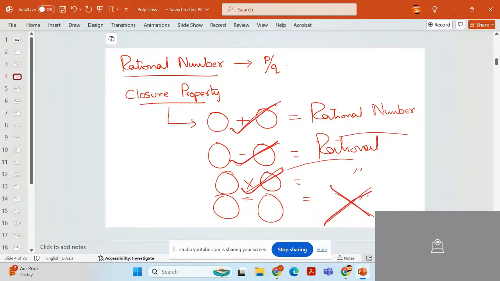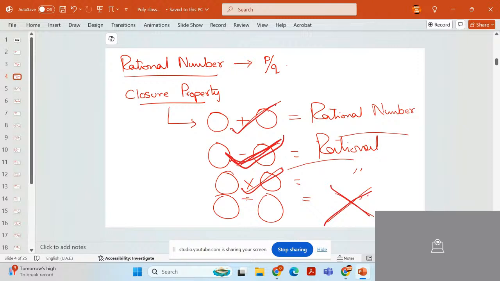And the difference of two rational numbers is always, difference means what? Subtraction. So when you subtract two rational numbers, you will always get a rational number. It is called as closure property. What is the product of two rational numbers? A rational number, because rational numbers are closed under addition, subtraction, and multiplication.